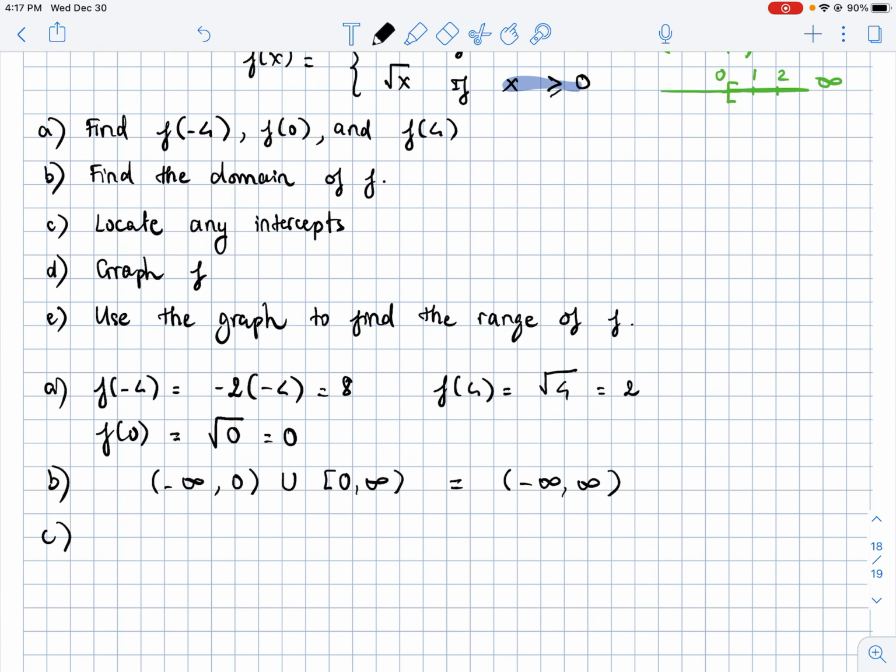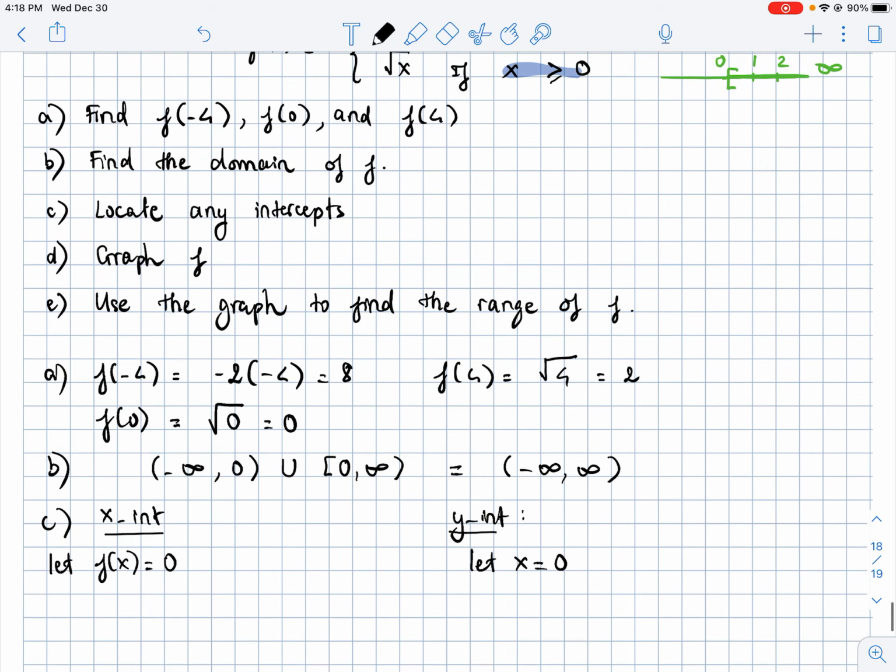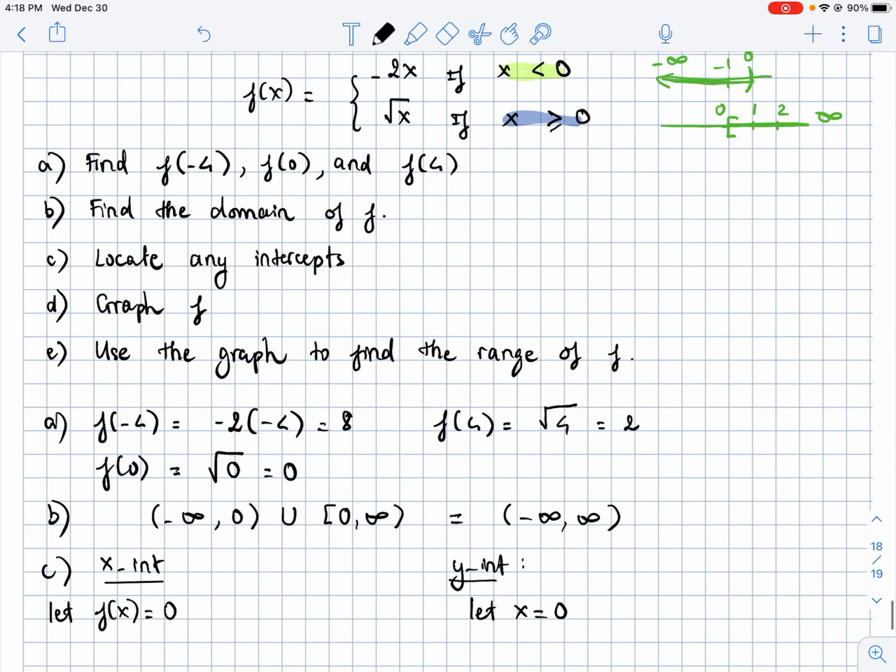Locate any intercepts. You recall that we have two intercepts, the x-intercept and the y-intercept. To find the x-intercept, we let f of x equal to 0. And to find the y-intercept, we let x equal to 0.